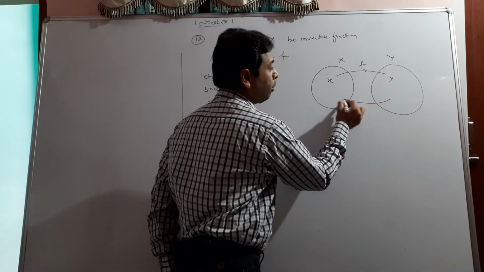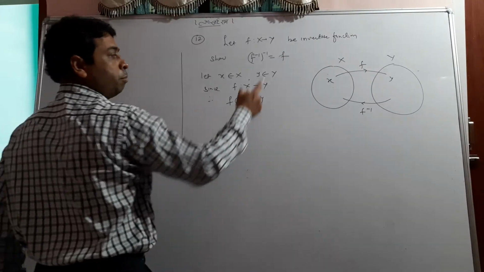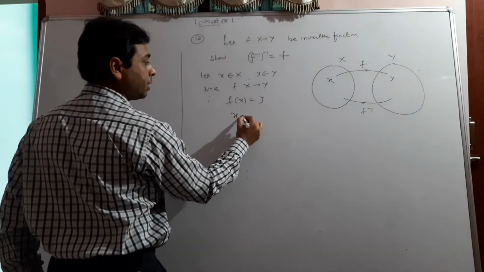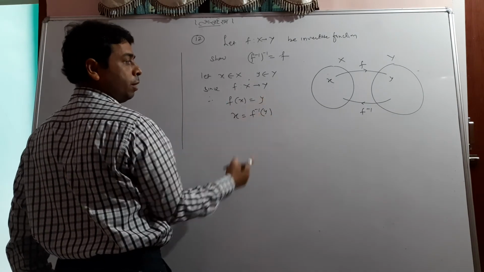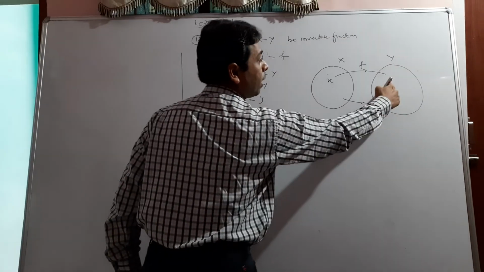Now f inverse will operate on y and give you x. So x is equal to f inverse of y. Don't get confused. See again. y is equal to f of x, and f inverse of y is equal to x.